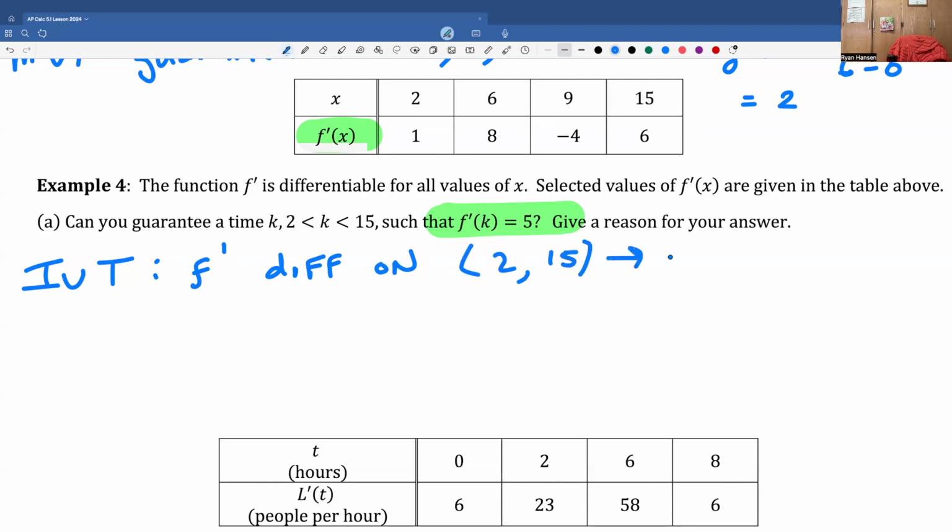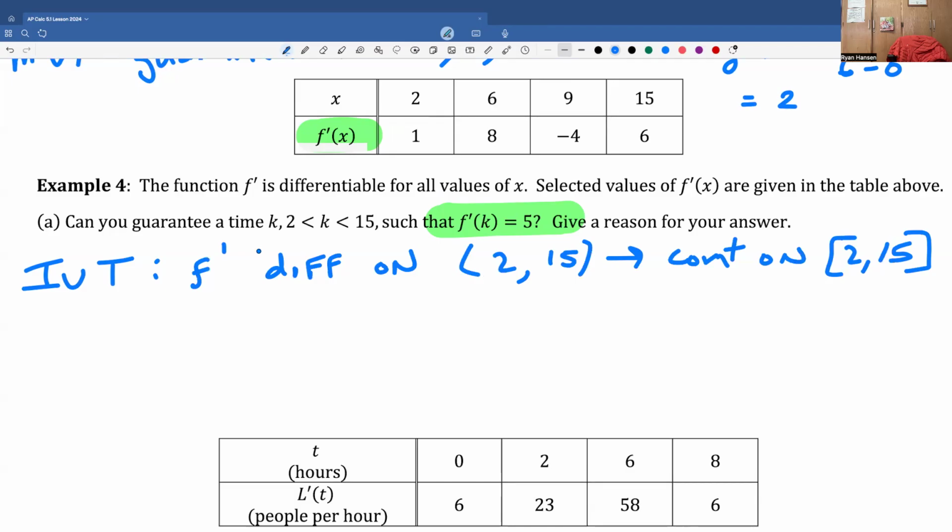Then it implies that it's continuous on 2 inclusive through 15 bracketed closed interval, right? Yes. Okay.